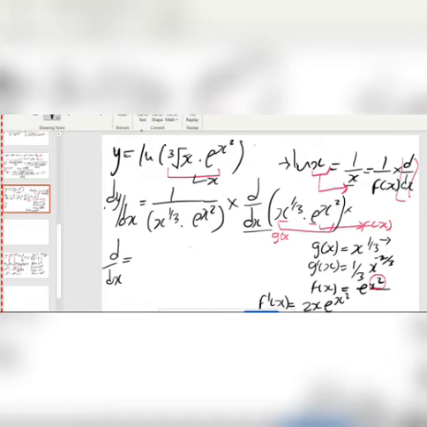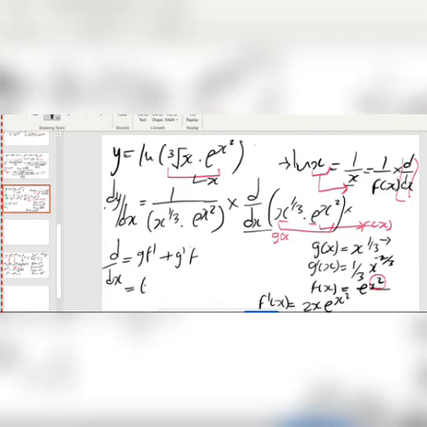I think I have to write it on the new paper. Let me just write it here. Remember, for your product rule, it's g of x f prime plus g prime and then f of x. You're just going to substitute those values.